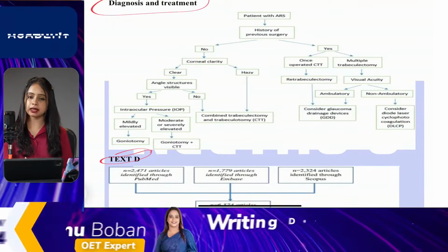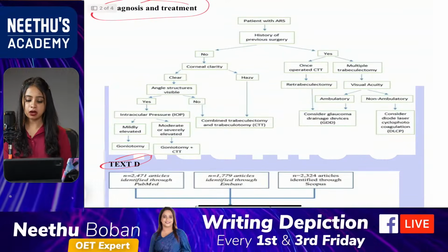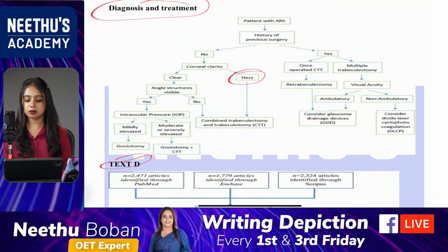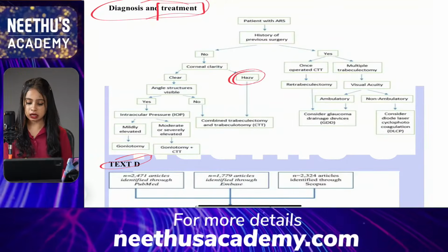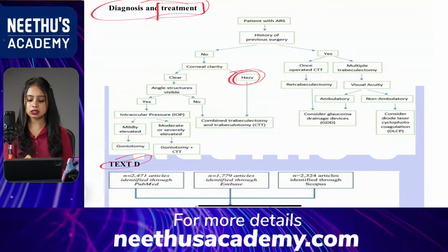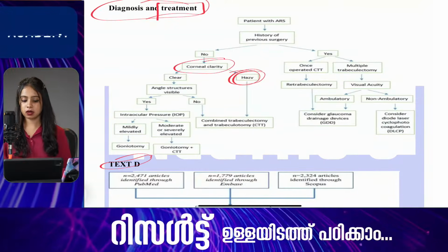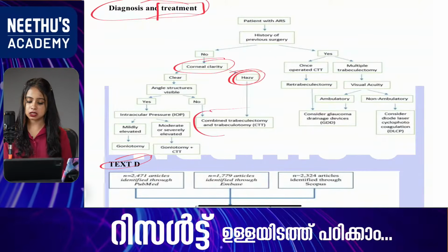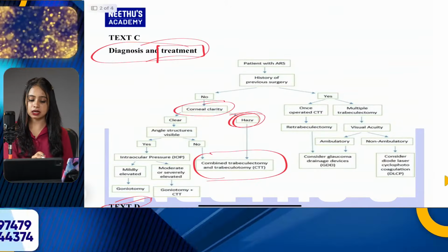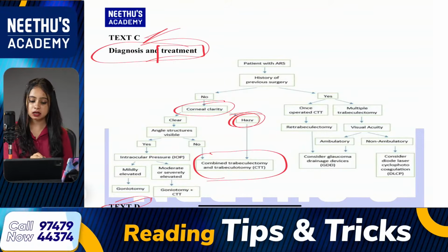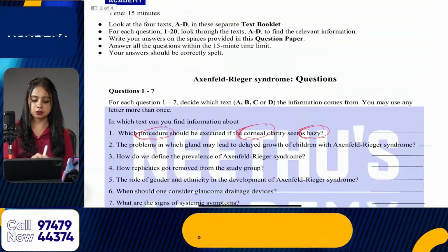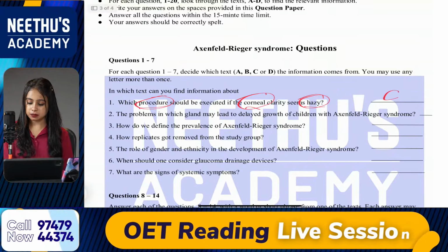What is the method, what is the procedure they are using? It's all about hazy. The procedure, the treatment is mentioned. So my first keyword, second keyword, then my third is corneal clarity. So my answer should be this, which is mentioned here in text C. I don't have to write that answer there, right? So my answer is C.